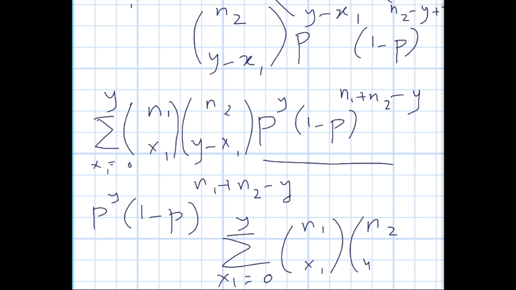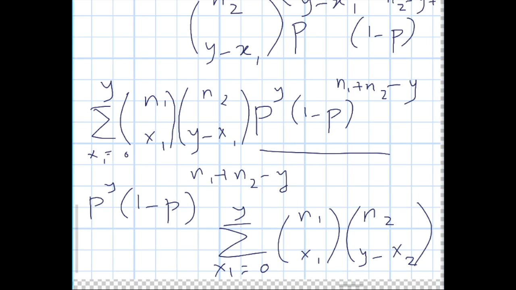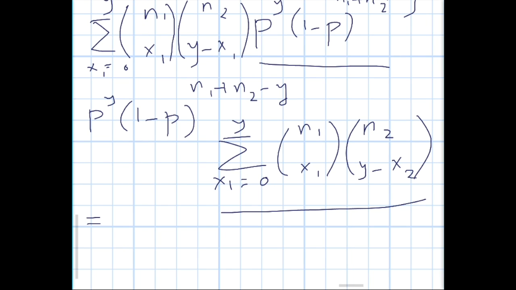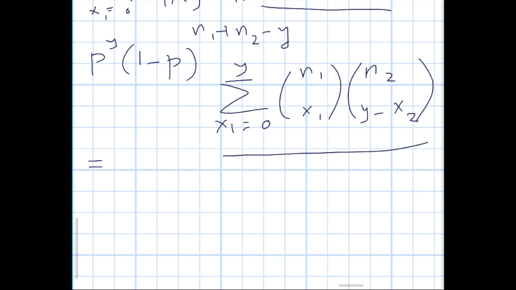(n2 choose y minus x1). Now this guy is nothing more than the Vandermonde identity which we have worked on before. So this guy is equal to the combination of the sum of these two, so (n1 plus n2), and the downstairs value is just y.